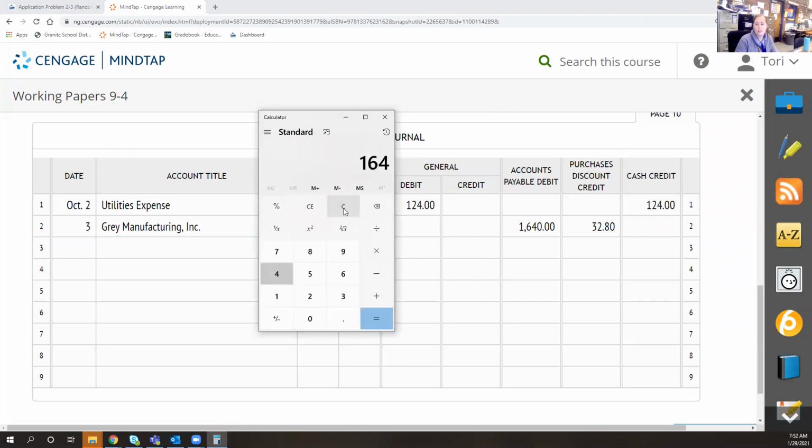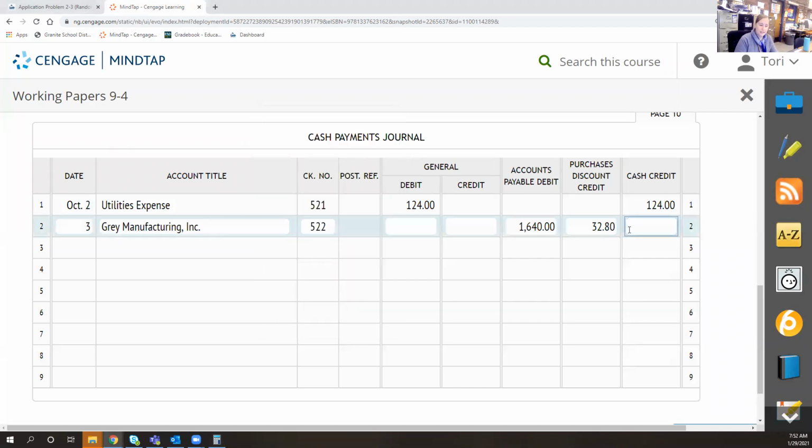How much did we pay? So see, 1640 subtract 32.80, and so it's 1607 and 20 cents. All right, so that one's a little bit more entwined there.